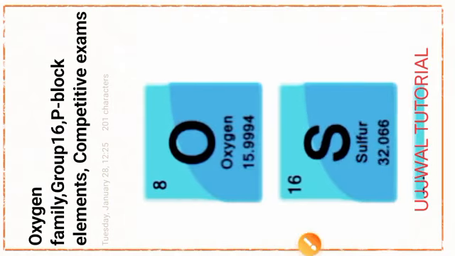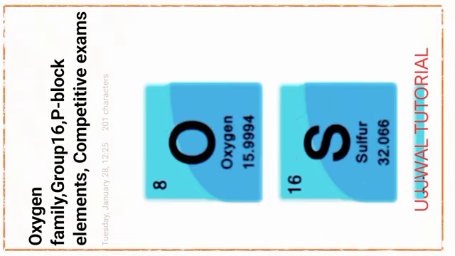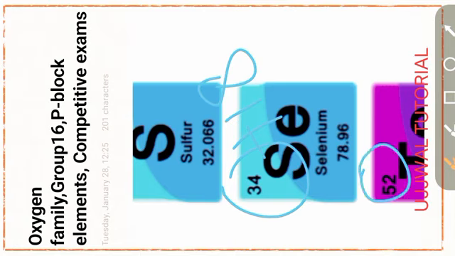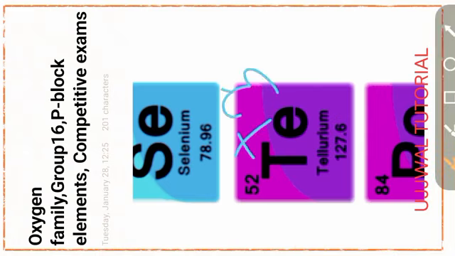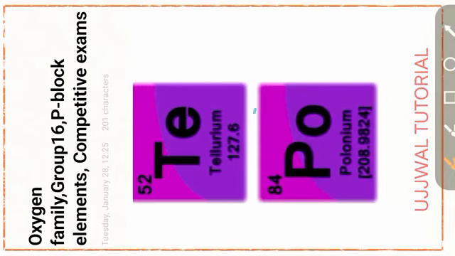At first, the atomic number of oxygen is 8. 8 plus 8 equals 16, the atomic number of sulfur is 16. 16 plus 18, the atomic number of selenium is 34. The atomic number of tellurium is 34 plus 18 equals 52. 52 plus 32 equals 84, the atomic number of polonium is 84.